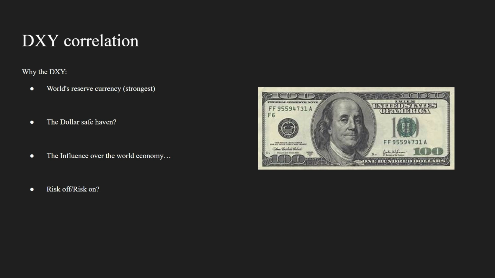And when it's risk on, the transactions go to riskier assets. That means the currencies go up. DXY down, currencies up, commodities up, derivatives up, stocks up, all of that.